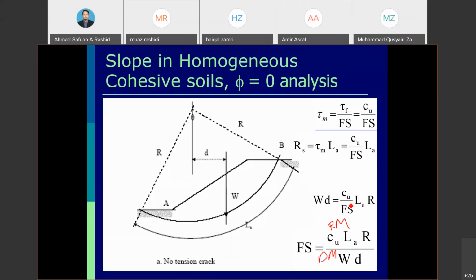For this approach, we may rely on the moment. The moment arm is the distance from the center to the width, the most optimum width. Then we just multiply the W with the D. So we need to get the moment arm.